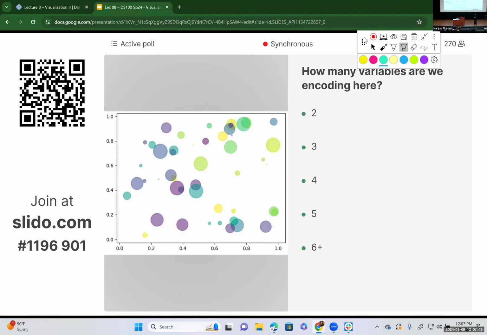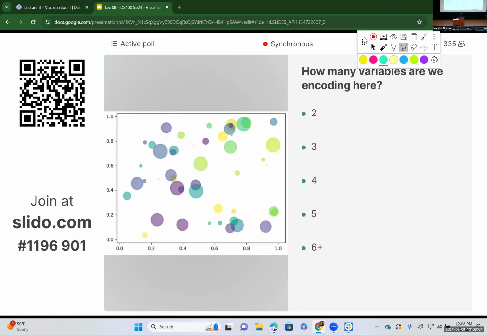So looking at this plot, how many channels are being utilized? Because we might want to think about how many channels generally exist and what the best ways are to utilize all of these channels.